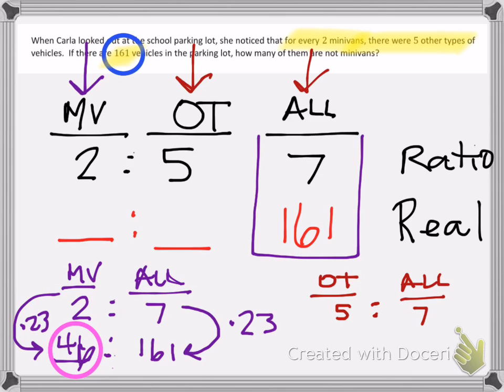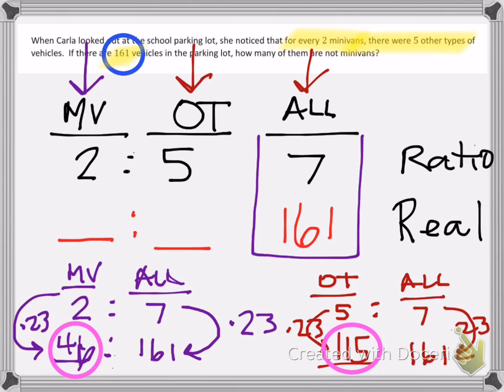And I know in real life I've got 161 real vehicles. I already figured this out, that my constant is a 23. So if I multiply 5 times 23, that will give me my answer. And it turns out that 5 times 23 is 115. And that is the total number of other types of vehicles.